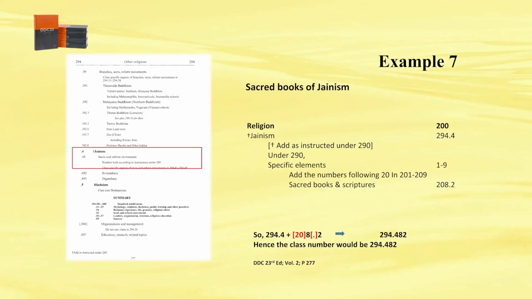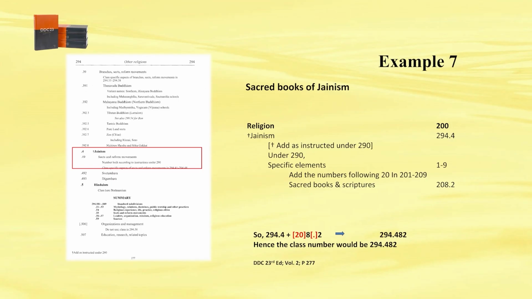Two different components: one is sacred books and scriptures that is available in 208.2, and another class number is Jainism that comes under 294.4, and can be added with the help of the instruction found under 290, that is a specific element.